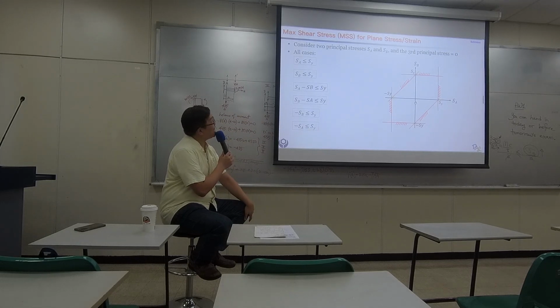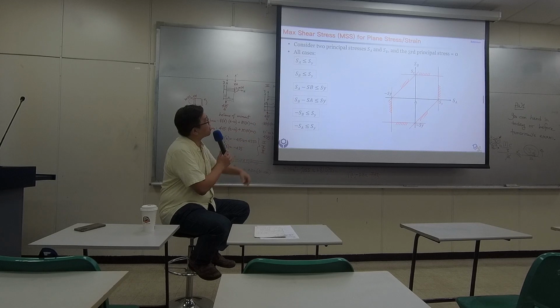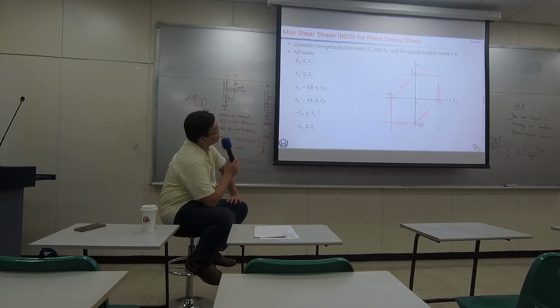So what's happening is, I don't even need to care about whether SA is the larger one or SB is the smaller one. I don't even need to figure that out. Basically, along the principal stress directions, one of them is SA, the other one is SB, and then your design equation has to be like this. All 6 equations must be satisfied.